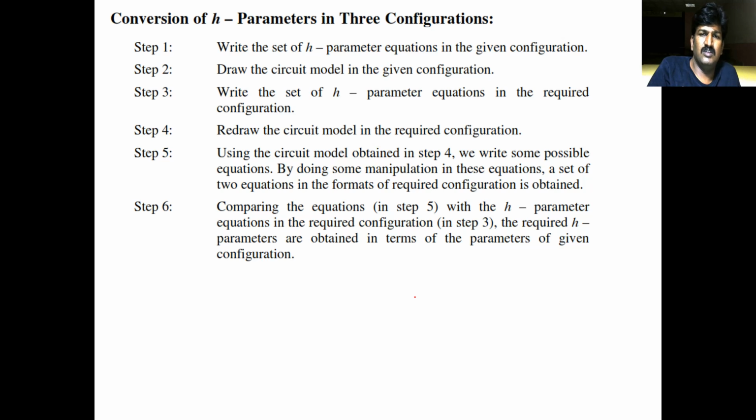By doing some manipulations in these equations, a set of two equations in the format of the required configuration is obtained. Step 6: comparing the equations in step 5 with the H-parameter equations of the required configuration in step 3, the required H parameters are obtained in terms of the parameters of the given configuration.